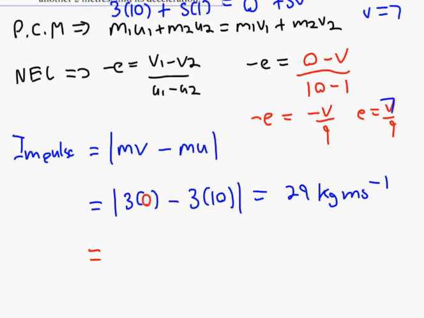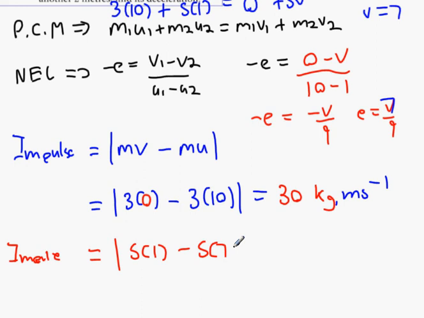So this actually makes the whole thing 30. Okay, and finally the impulse for the second one, the 5 kilogram particle was moving 1 to the right before the collision took place. After the collision took place, it was moving 7 to the right, and this once again gives you 30 kilogram meters per second.